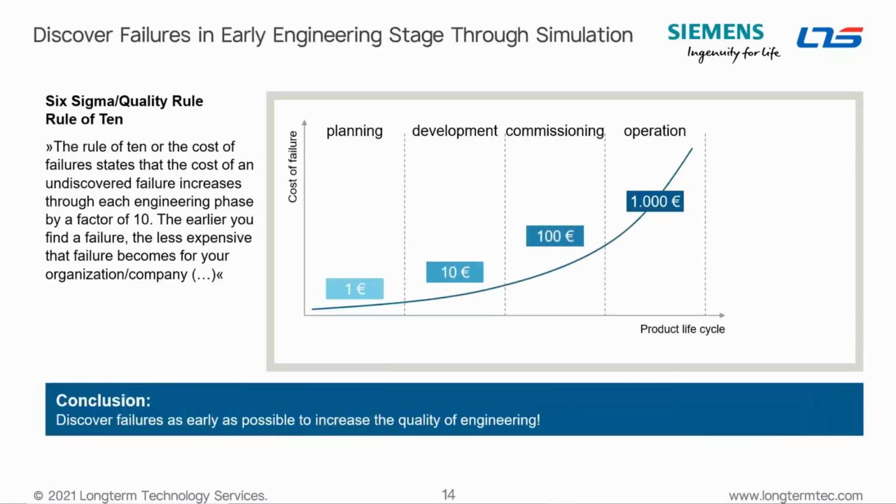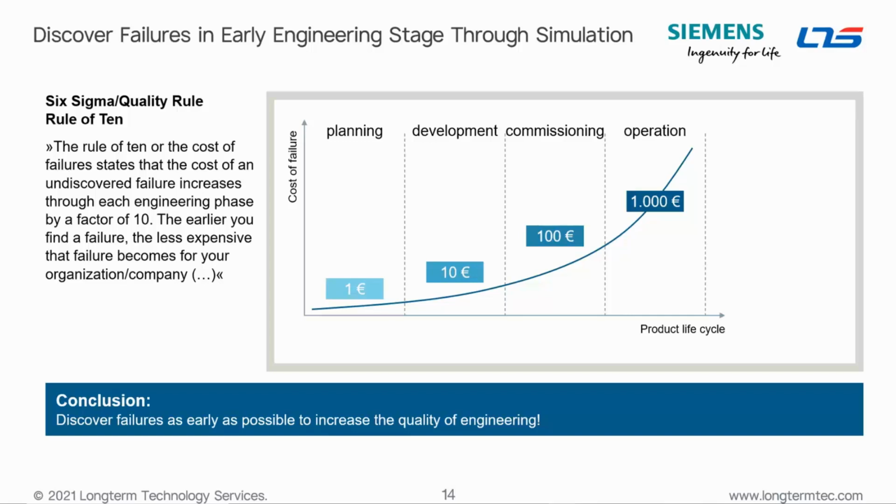Actually, we're doing that because simulation helps us to wipe out failures and brings us to a better level of quality. I think everybody knows the Sigma rule of quality, which basically says, as early I find failures in my engineering, as more money I can save, because with each step later in development and commissioning or so on, I have an increased cost of 10.